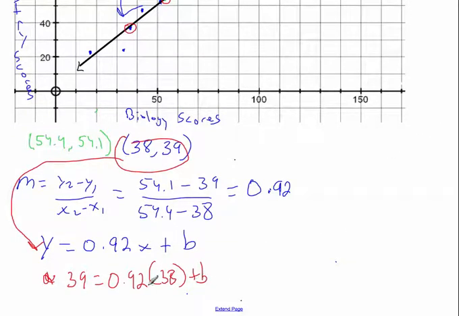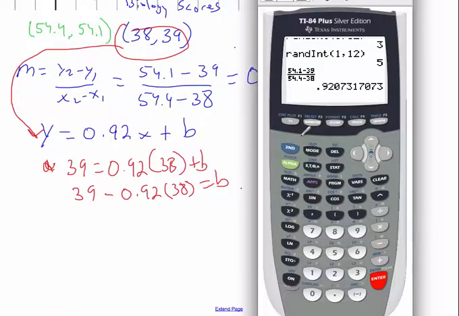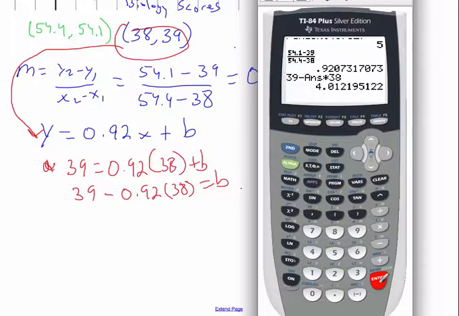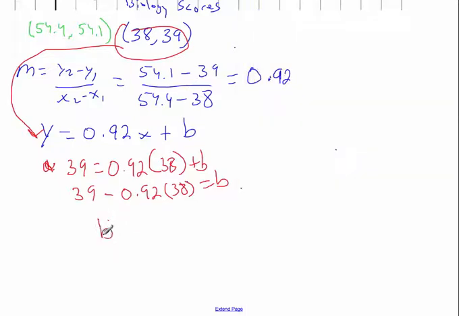And so we're going to have to do 39 minus 0.92 times 38 equals b. Now I've got this number on my calculator, I might as well use the exact value, 0.9207 and so forth. So 39 minus 0.92 times 38 will give me my y-intercept, and that is about 4. So in this case, b equals 4.